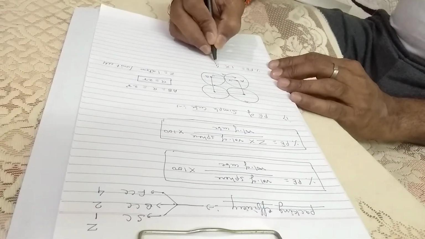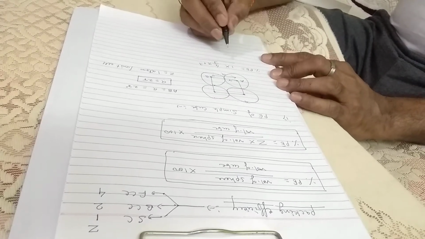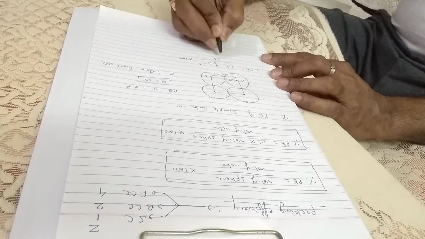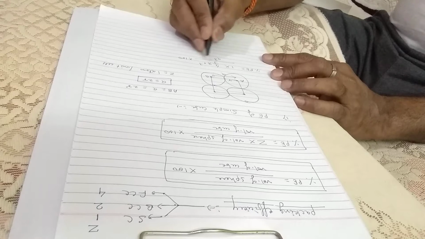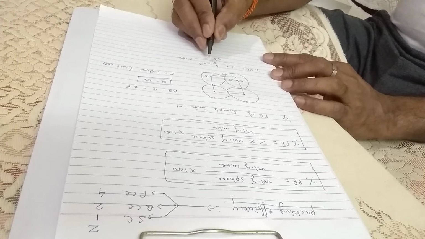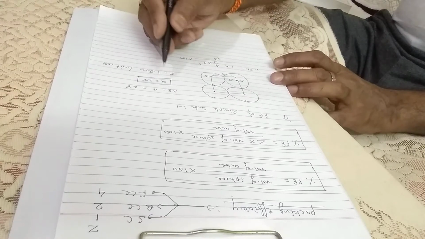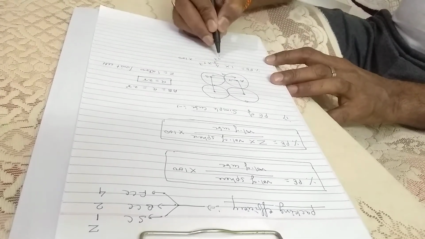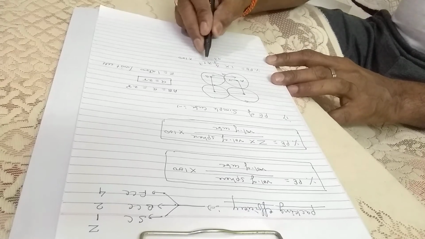Volume of sphere is 4 by 3 pi r cube upon what is the volume of cube? That is a cube, edge length cube, into 100. Now here two variables a and r, so we always need to find the relation between a and r. I am calculating here, because if you do not calculate the relation between a and r, it is very difficult to solve here, because two variables are there.